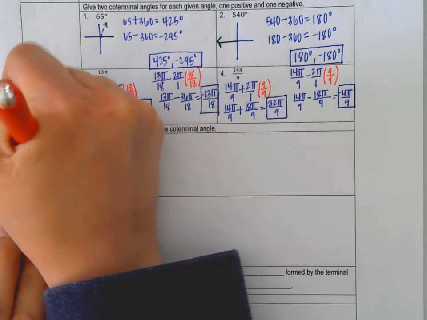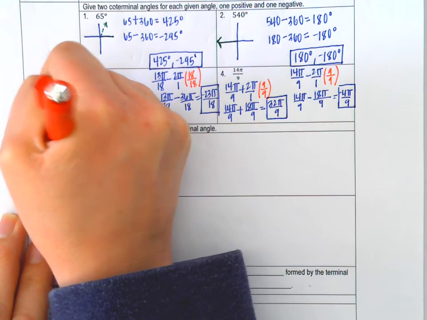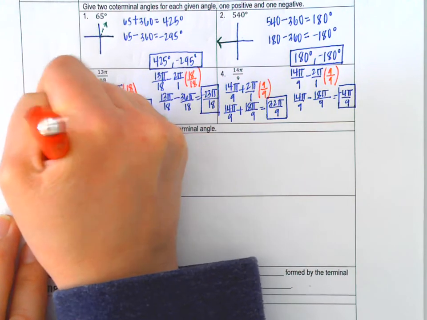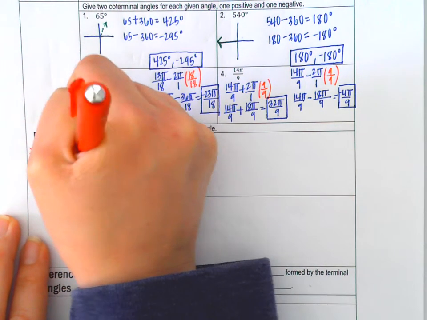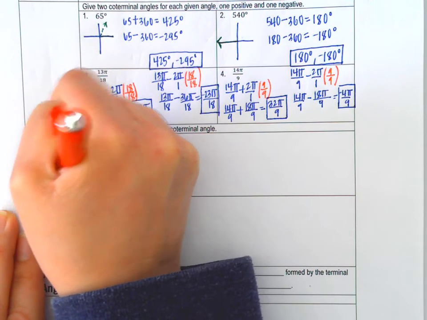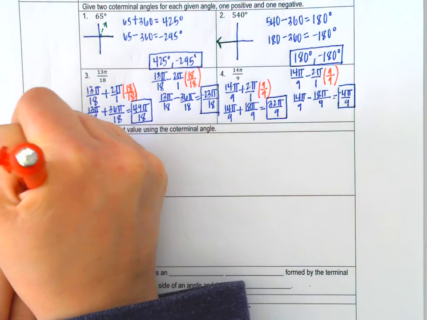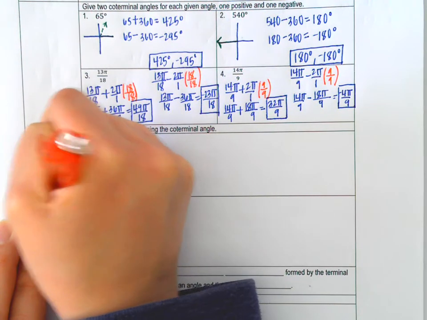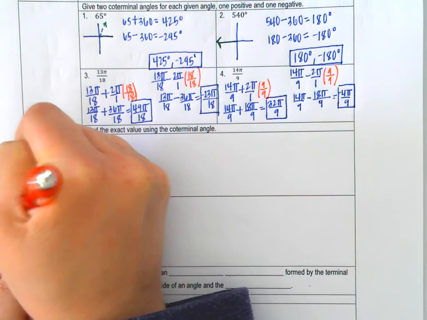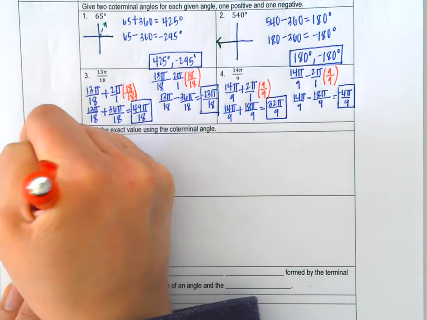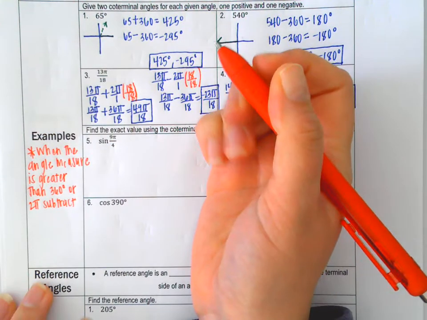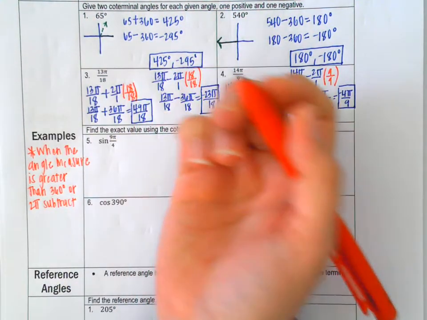So when the angle measure is greater than 360 degrees or 2 pi, basically subtract just like we did up here.